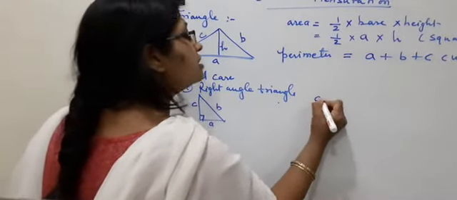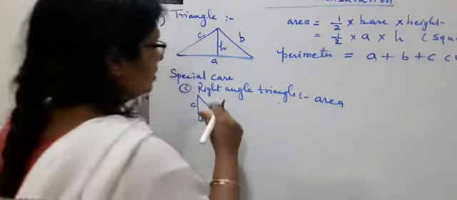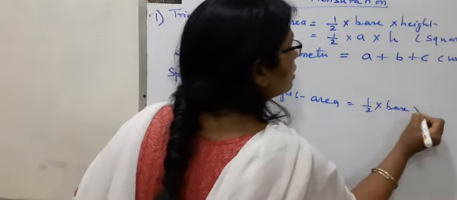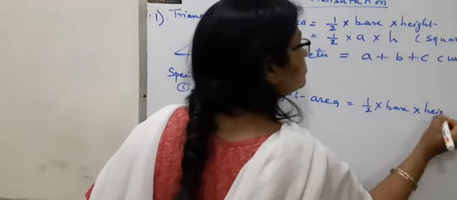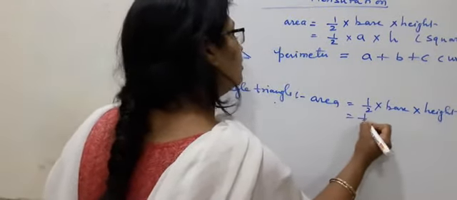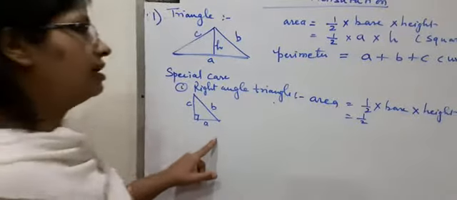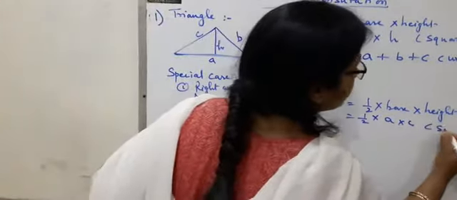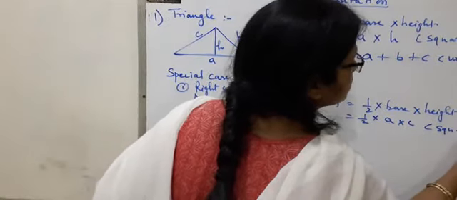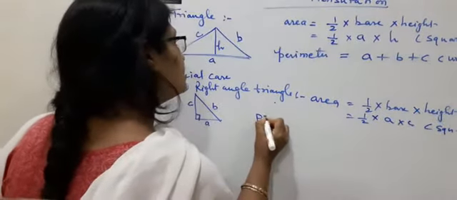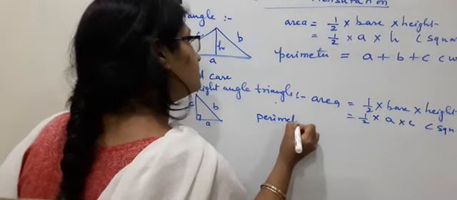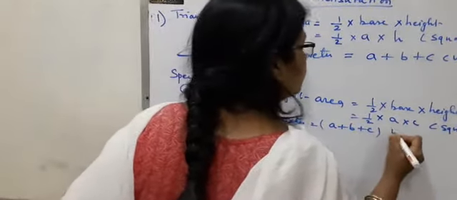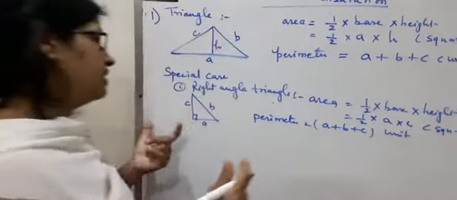Then the area of this figure is half base into height. Here base is A and height is C, square unit. And perimeter is A plus B plus C, unit. Sum of all sides is the perimeter.